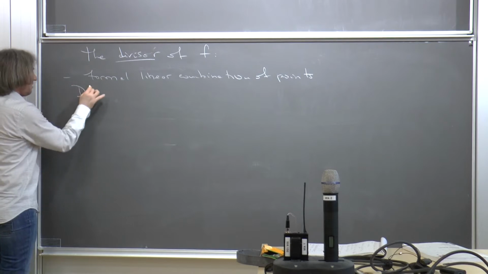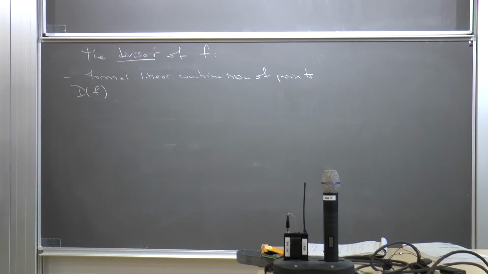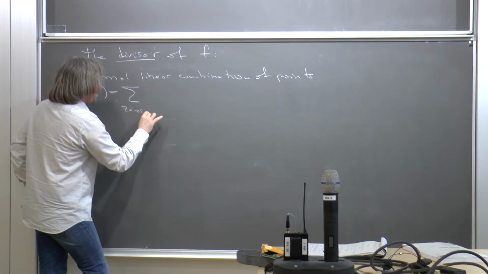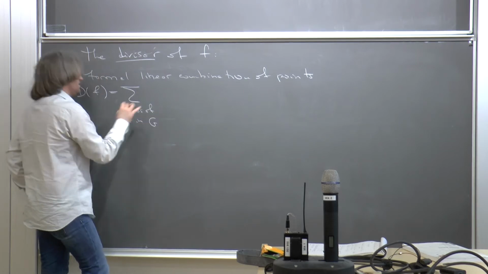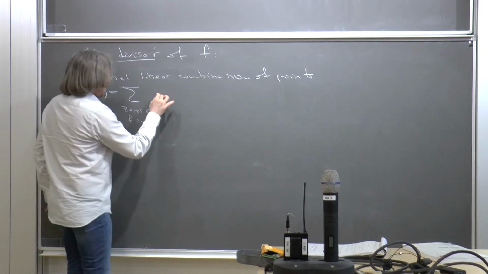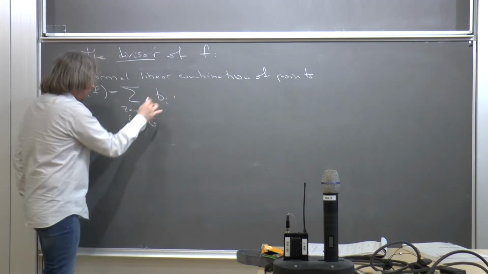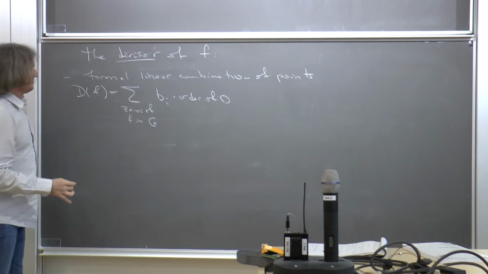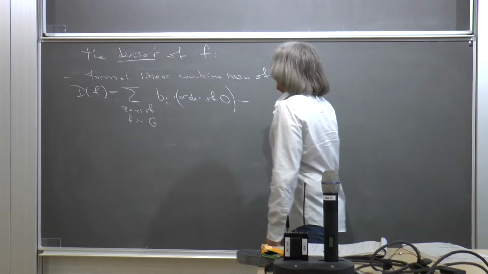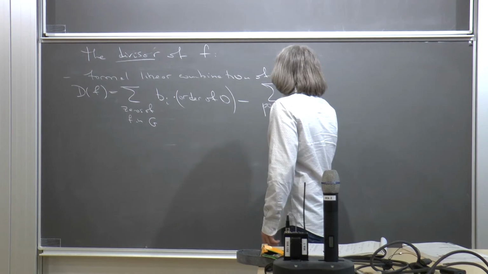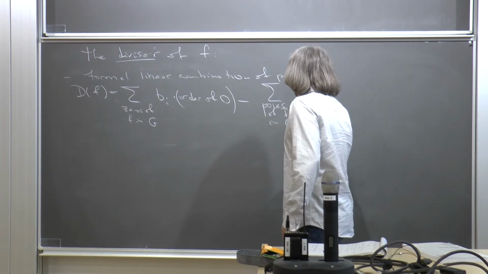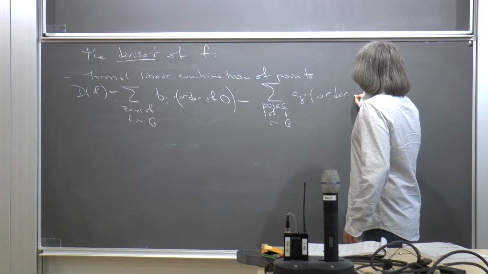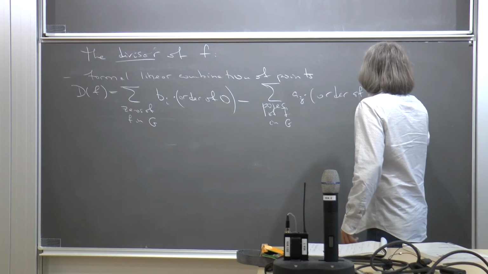Let me write it: d of f is the sum over all zeros of f in G, say bi times, where bi is a point, times the order of the zero, minus the sum over poles of f in G, say aj, again times the order of the pole.